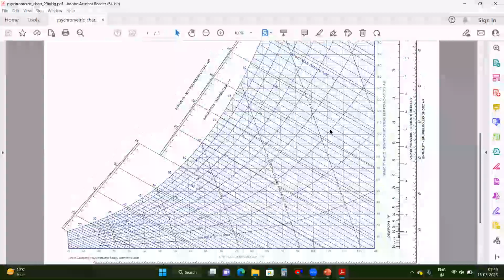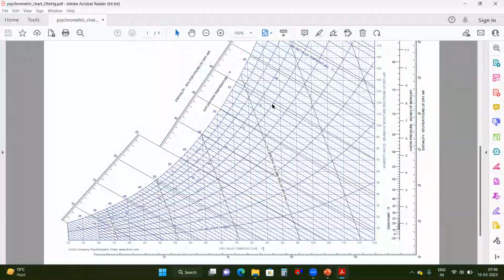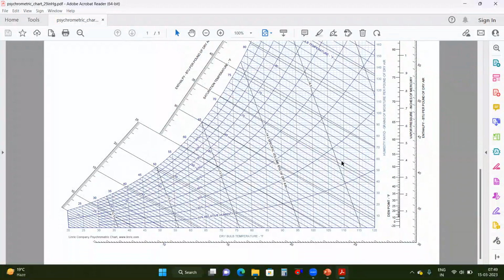So we will take one example and solve it in the psychrometric chart. Okay.